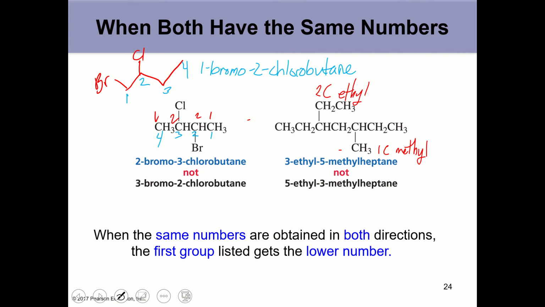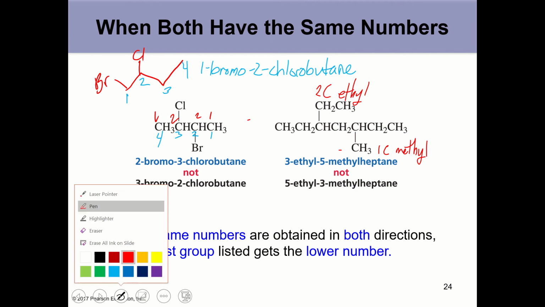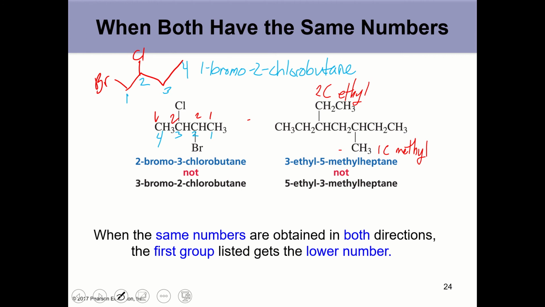Because E is before M in the alphabet, then ethyl comes first, and we number from left to right. So this should be 3-ethyl-5-methylheptane.